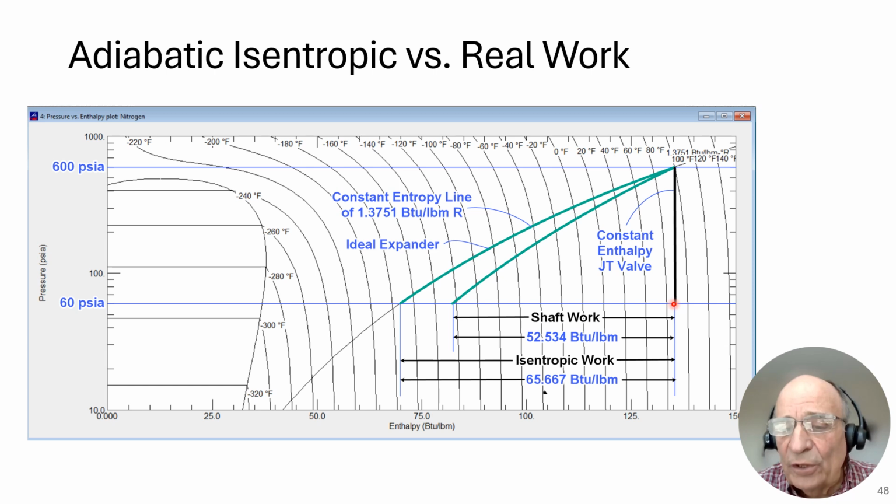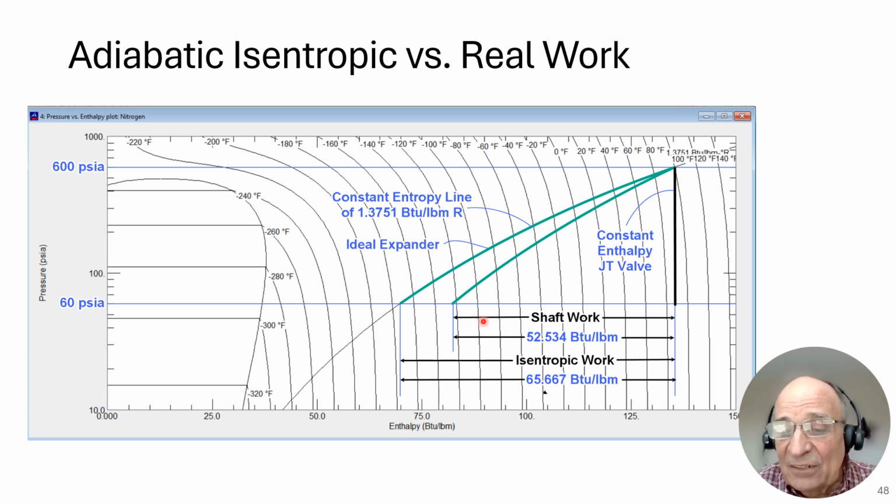So the actual work that's extracted from an isentropic expander would be the difference in enthalpy from this point here to this point here, which is 65.667 BTUs per pound mass. That's the isentropic or ideal work. But the actual work is only 80% of that.